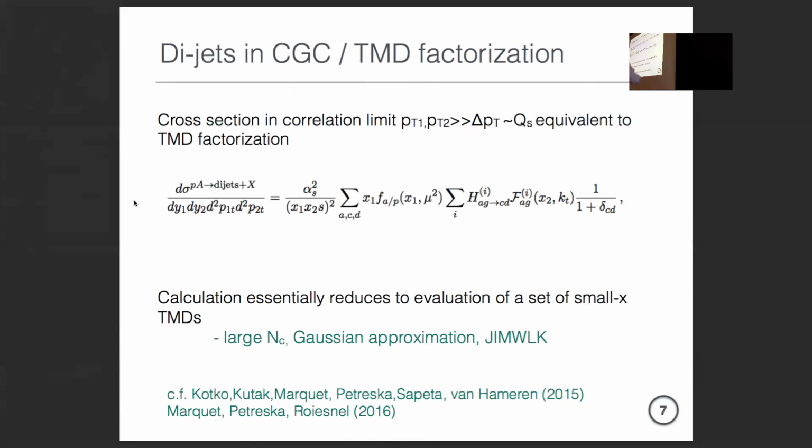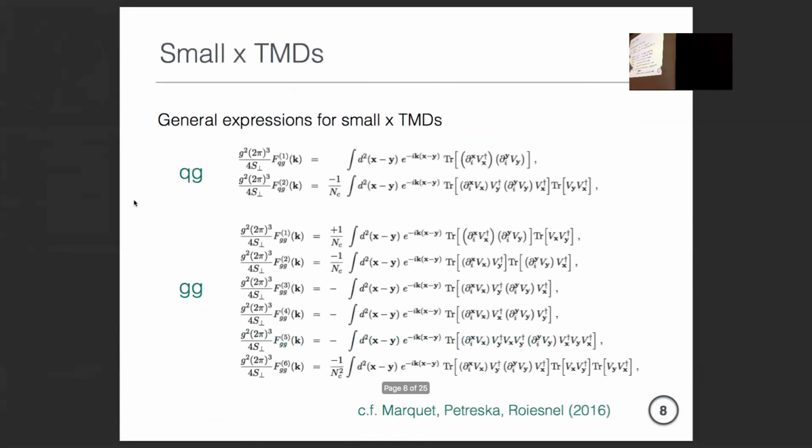Now, the thing is this, usually what people... Can I ask you, because I have not followed the details of that, but this still includes some non-linearities, that formula on top? Yeah, so if you look at what these TMDs look like, for instance you have this TMD F6GG, this 6-point operator, right?